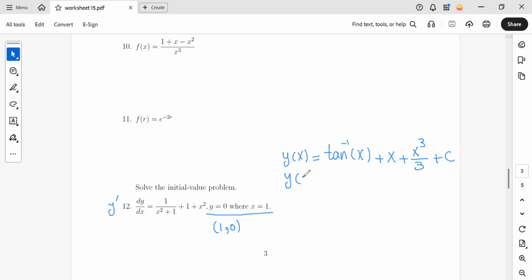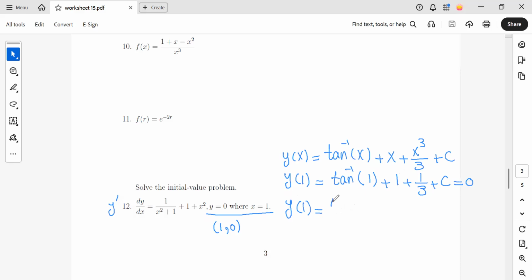So y of 1 will be tan inverse of 1 plus 1 plus 1 over 3 plus c, which is going to be 0. So y of 1 is tan inverse of 1. Think of an argument whose tangent is 1.